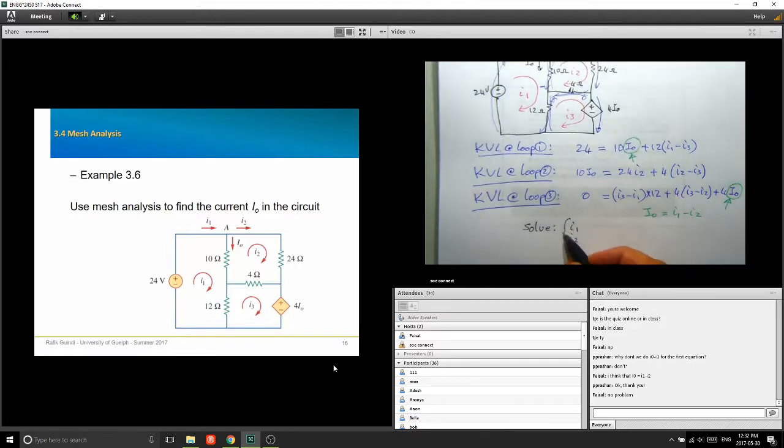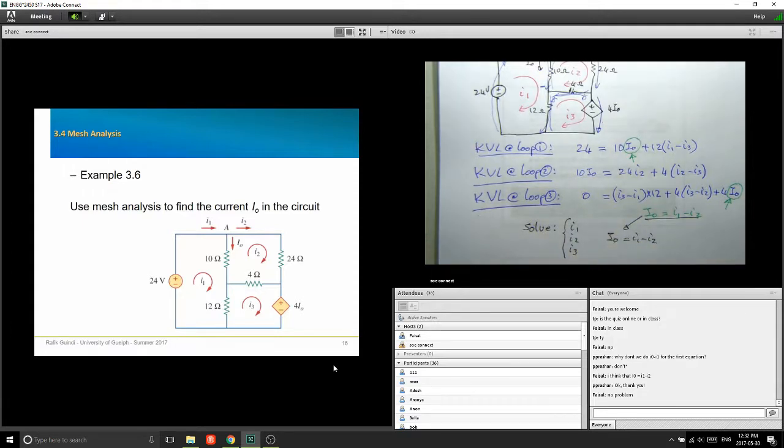And then that's not the end, because what is it that we want from this example? Use mesh analysis to find the current capital I naught in the circuit. You still have to get me I naught, okay? And by this definition, we know that I naught is equal to small I1 minus small I2. So once you found these, then you can get that.